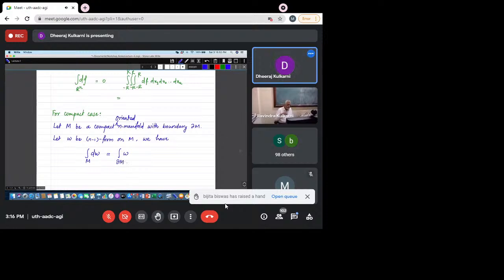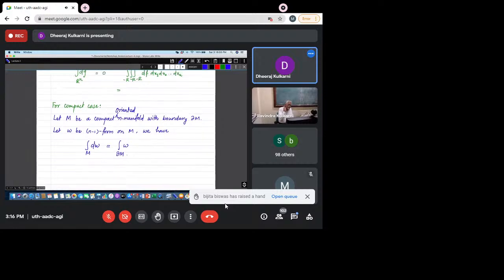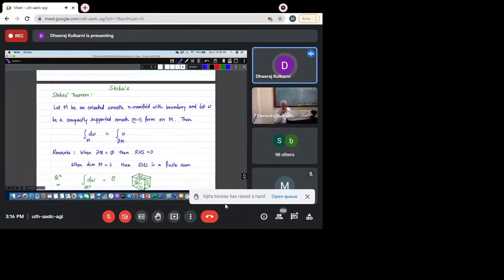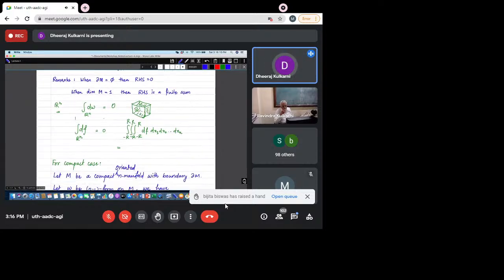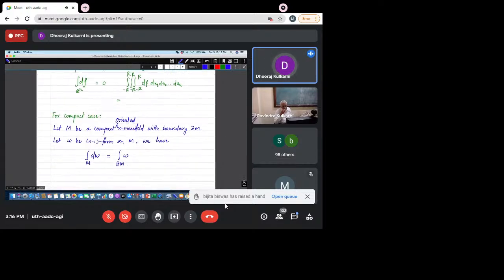And what I was saying earlier, for closed manifolds the boundary of M is empty, so the right hand side is to be interpreted as 0. The integration on an empty manifold is to be interpreted as 0.